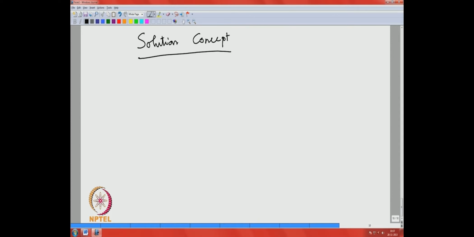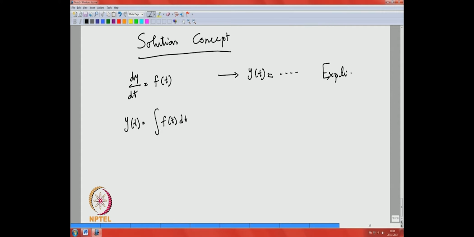But as you see, even for the integral calculus problem, dy by dt equal to f of t, there are certain f of t for which you may get a representation y of t in terms of the integral of f of t dt, but integrating the functions in closed form may not be possible. So, if you can write y of t equal to something, this is called an explicit solution. You can write an explicit solution.